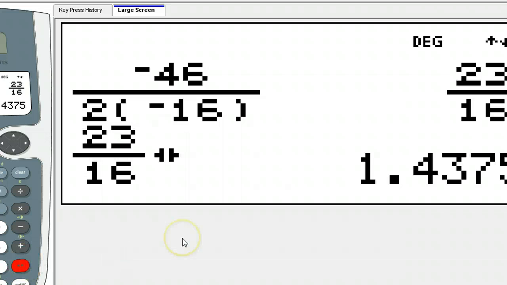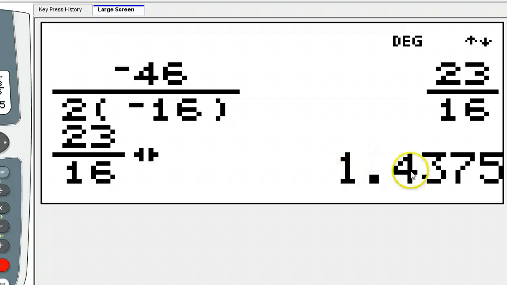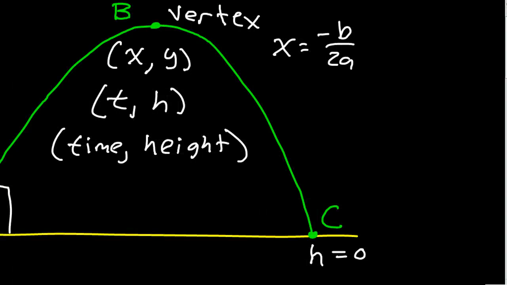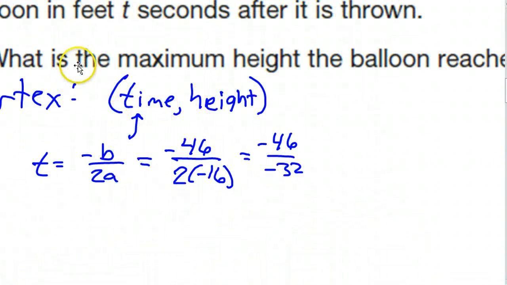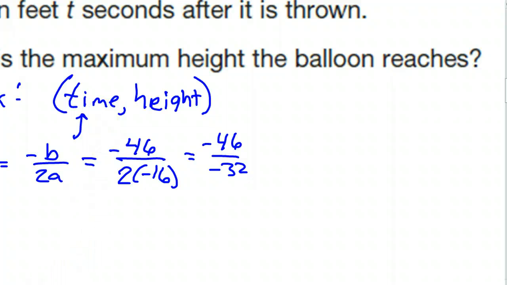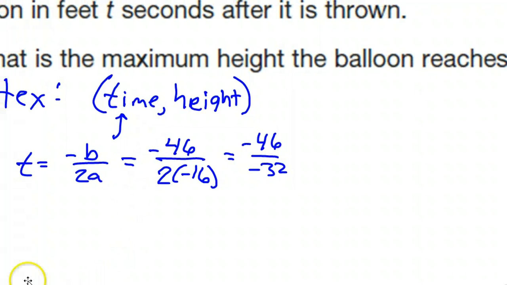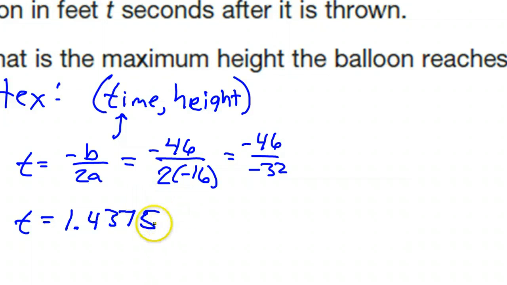So it's 1.4375. For right now, let's keep all of those wonderful decimals. So we're getting that t is 1.4375 seconds.